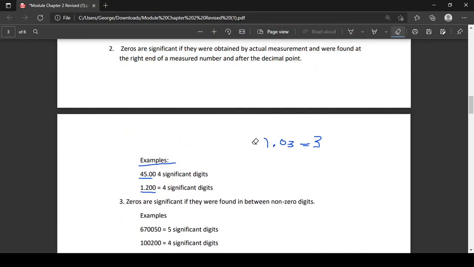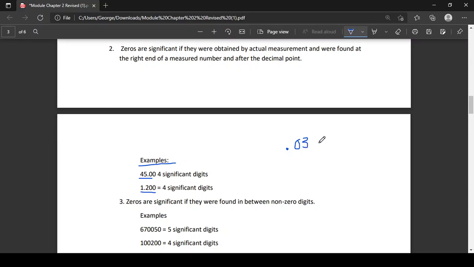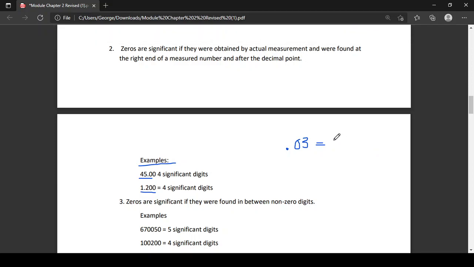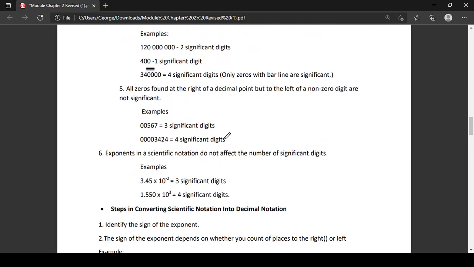We are only at rule number 2, right? In our rule number 5, there is an exemption to rule number 2. Take 0.3: how many significant figures if we apply only rule number 2? Two. But rule number 5 says all zeros found at the right of a decimal point but to the left of a non-zero digit are not significant.